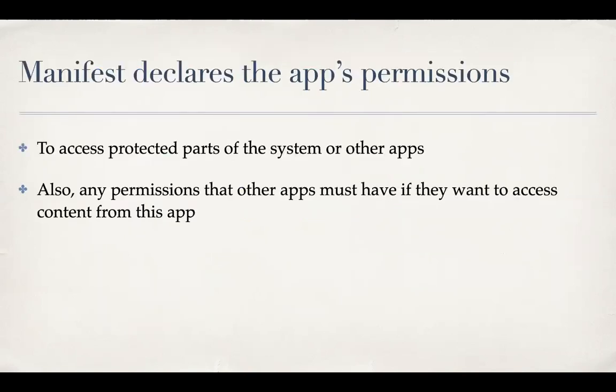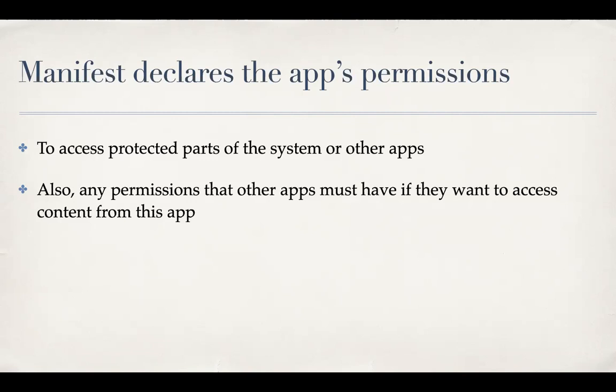All right. The manifest file should also declare the app's permissions. We don't have an example of this in our current app, but what do permissions mean? You'd perhaps remember from our discussion on the Android architecture that each app basically works in its own sandbox. And then the question is, how do two apps interact with each other?